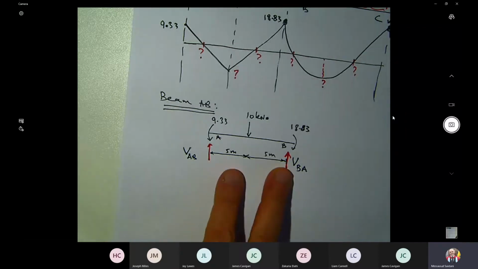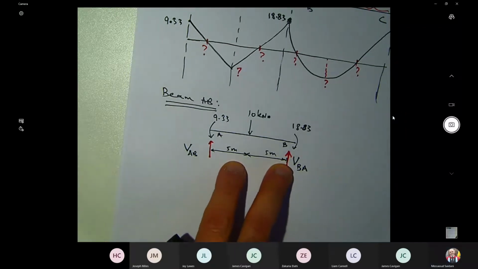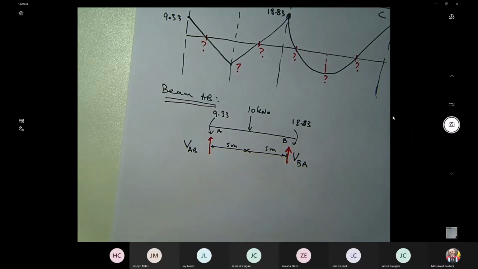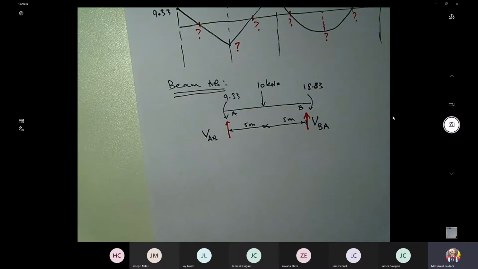How do you determine the reactions? Let me tell you this. You do have 3 equations of equilibrium, but if you want to get your reactions always right, don't use vertical equilibrium.